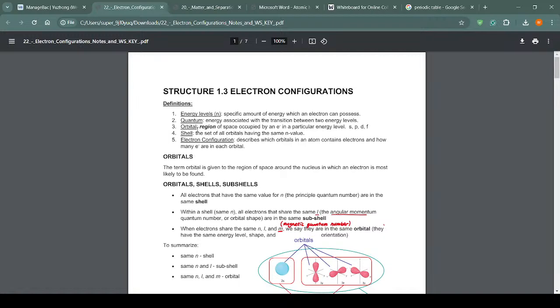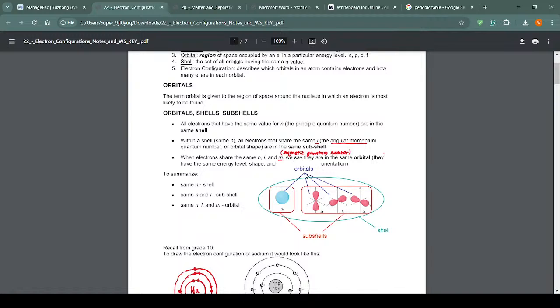Orbitals, shells, set of all orbitals have the same n value. So it goes orbital, subshells, orbital, shells.